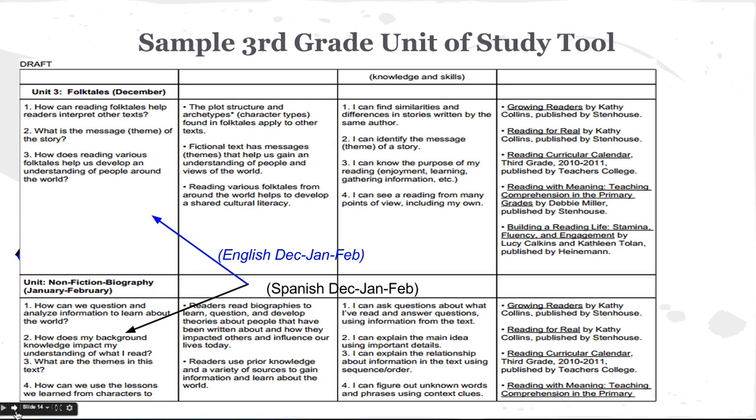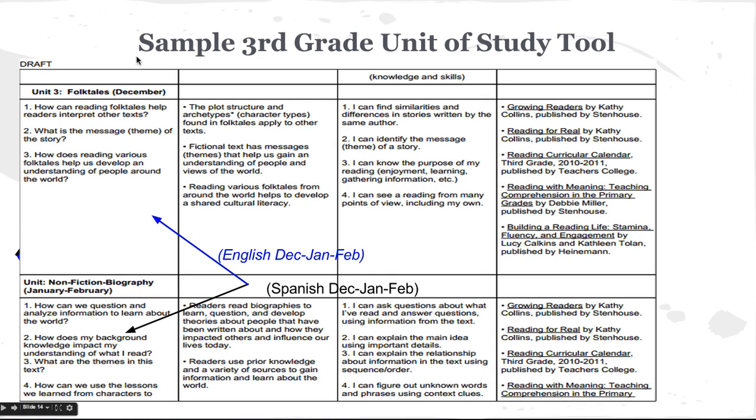For example, while I'm teaching a unit on folk tales in English, using the English part of the biliteracy continuum, I will simultaneously teach a unit on nonfiction biography in Spanish, using the Spanish biliteracy continuum. The bridge suggestions may be the phonology, morphology, syntax, grammar, and pragmatics that I can use to bridge. Look at the sample above.